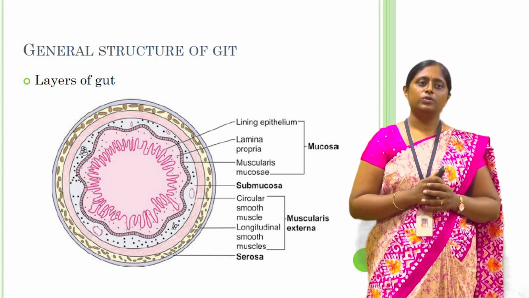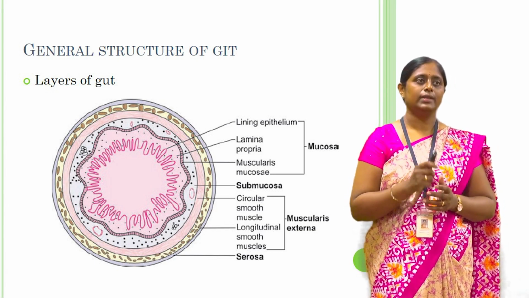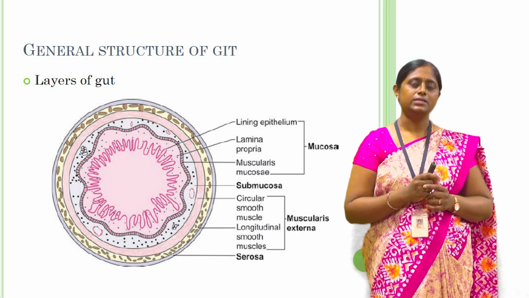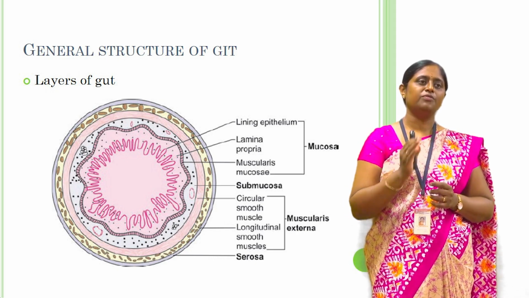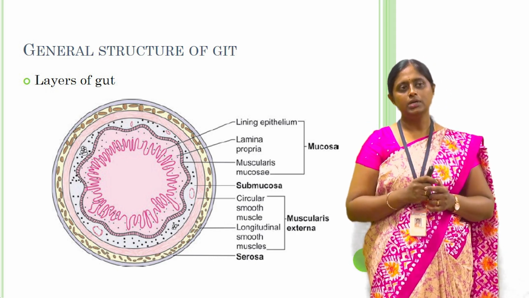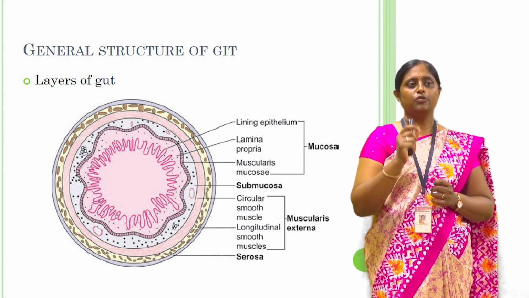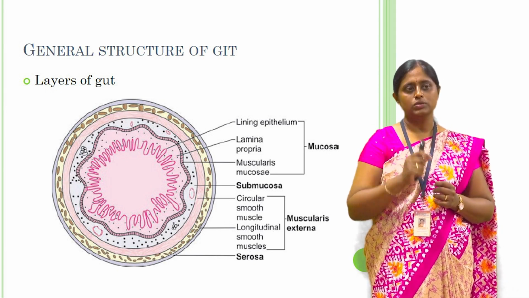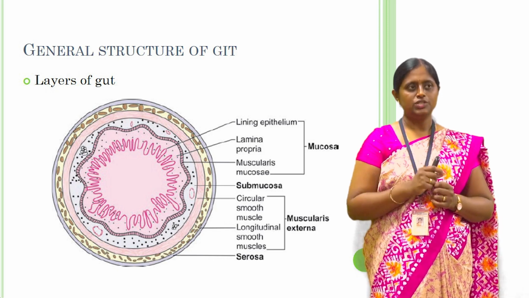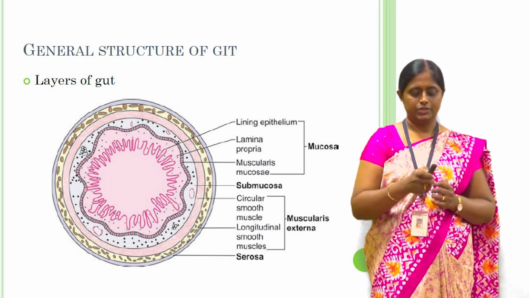All these four layers of the gastrointestinal tract remain similar from the esophagus up to the large intestine, except for a few modifications in the mucosal region of the gastrointestinal tract.